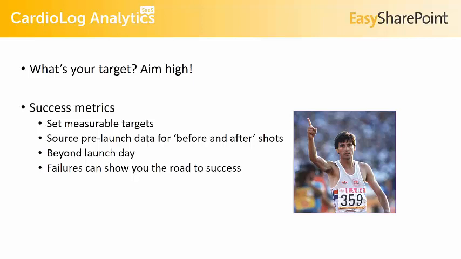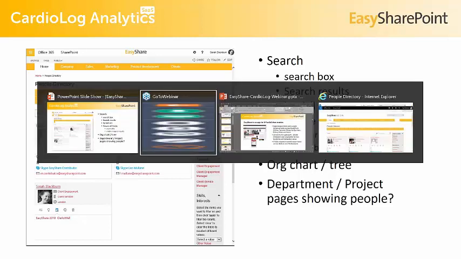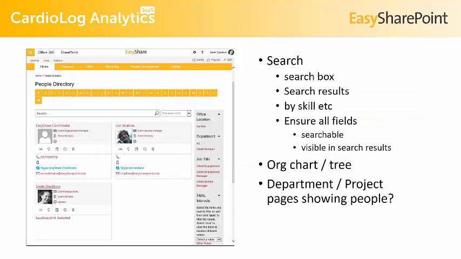So if you set your target as we want 80% of people to have filled in their profile by the end of week one, and at the end of week one only 20% of people have, that shows you that somehow you got your messaging wrong, and how you can change it. So if you're doing your analytics on that, you can work out where you went wrong and how you can move forward on that.